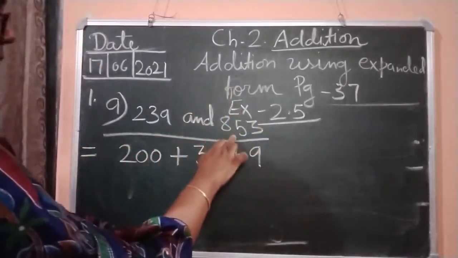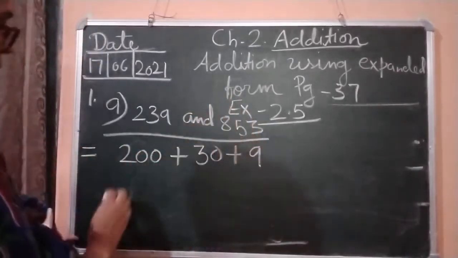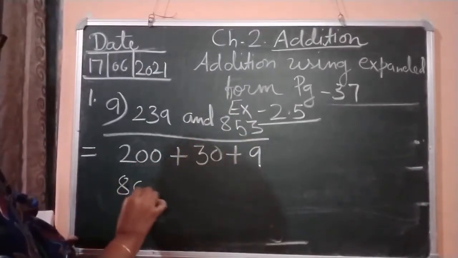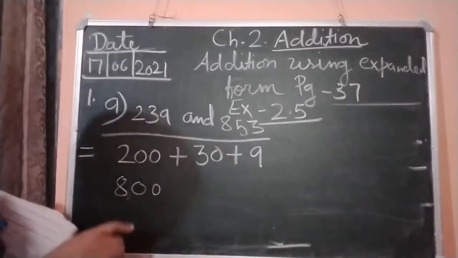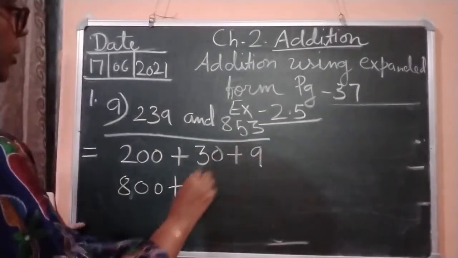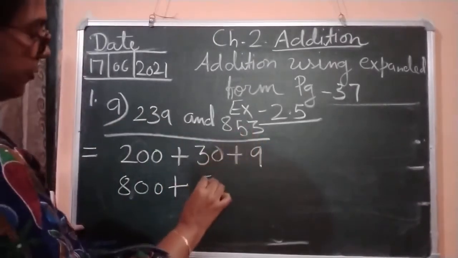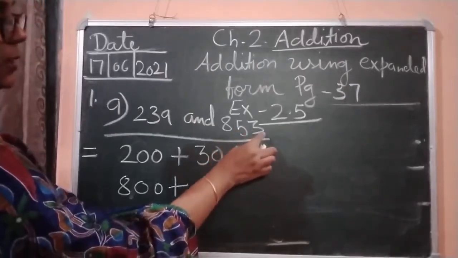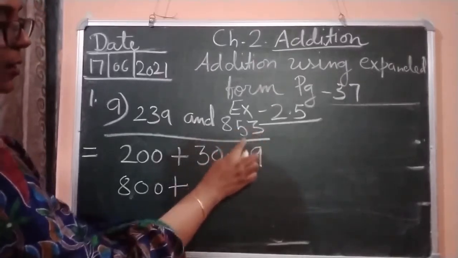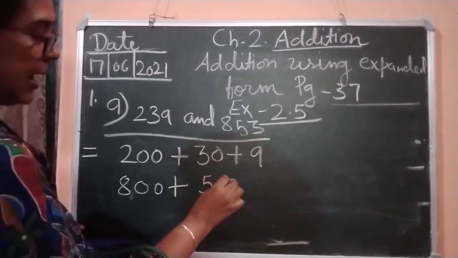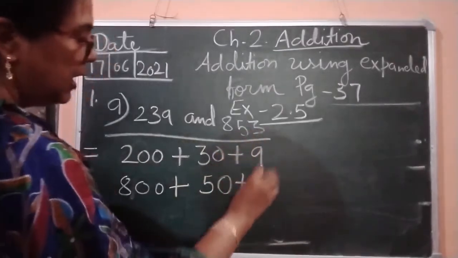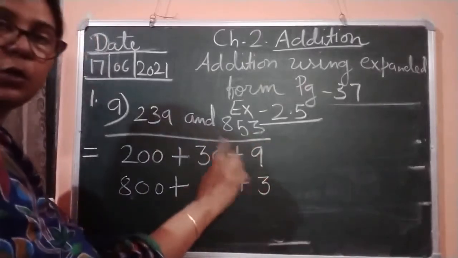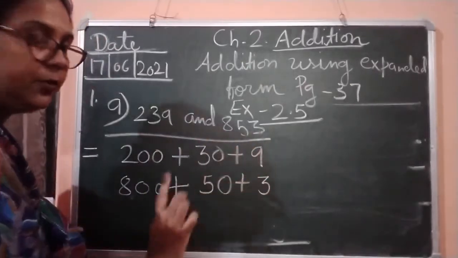Now the next number is 853. So 800 we will write, and after that 50, because 5 is in the tens place, we will add only one 0. Now 3 is there, and after 3 no number is there, so we will write only 3.